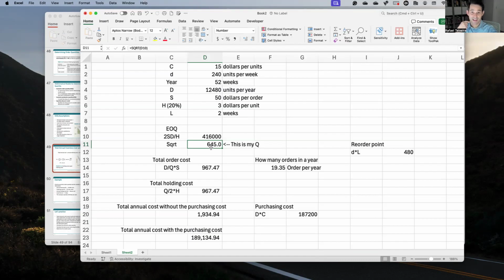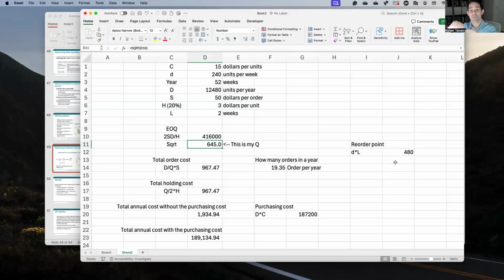The math is telling, the policy is saying buy 645 units. When do I have to buy again? You keep checking inventory: 645, 500, 400, 480. When it reaches 480 units, you place a new order. Then while you wait for the order to come, it's going to consume the 480 units.